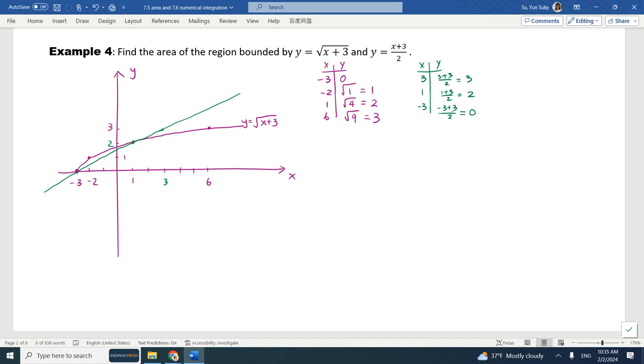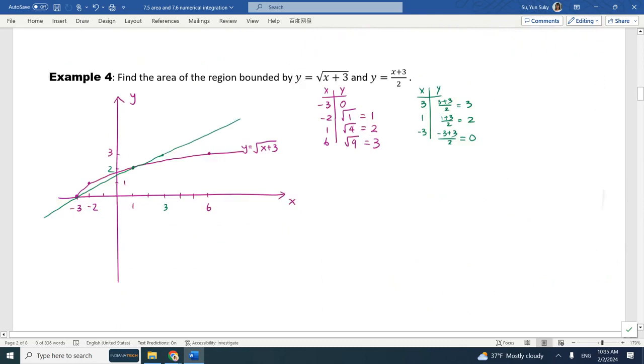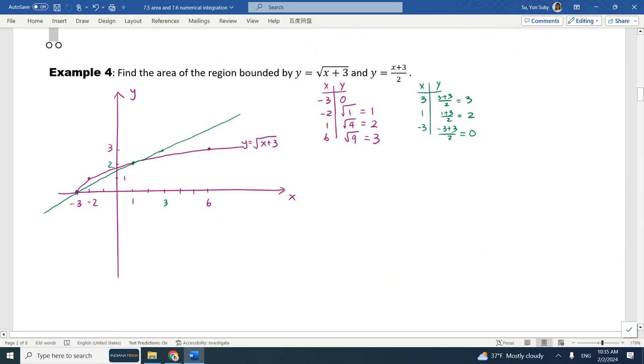See, by plugging in the points, we draw the graph and we find the intersections are negative 3, 0 and 1, 2. Okay, everybody? So this is what I mean by plotting in the points. Just put some integer points, then you can see the intersection. So you don't need to solve the system of equations. You know, it takes time. It's square roots. Yeah, it takes time to solve it.